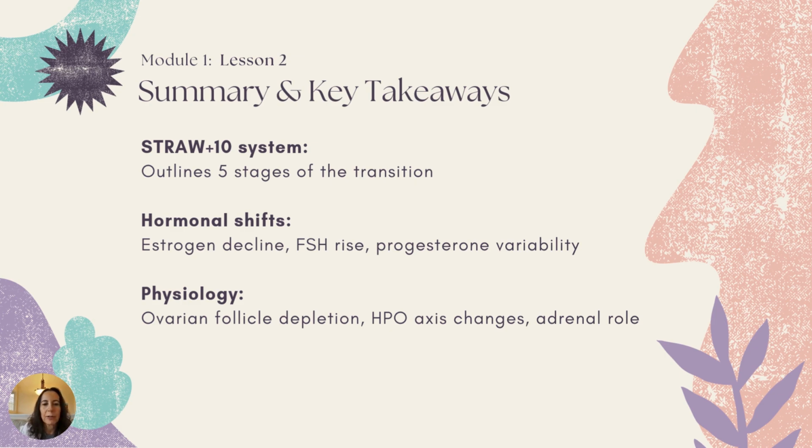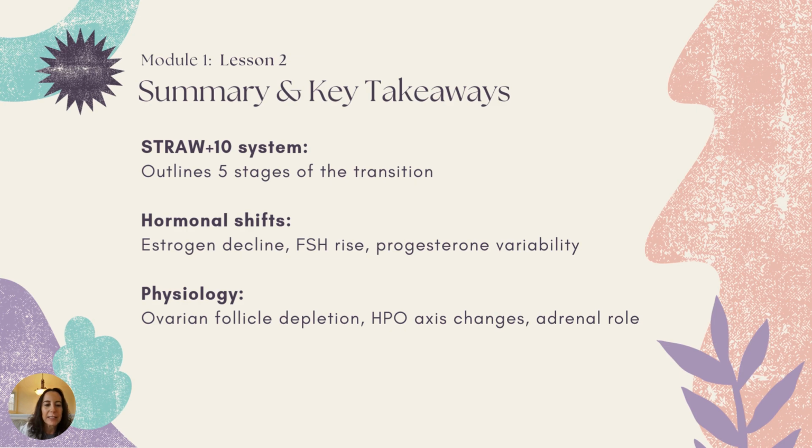So what we learned in this lesson is the basic stages of your transition to menopause, what is actually happening with estrogen declining, your FSH going up, and progesterone being variable but actually declining, declining more than estrogen does in the early phase of perimenopause.